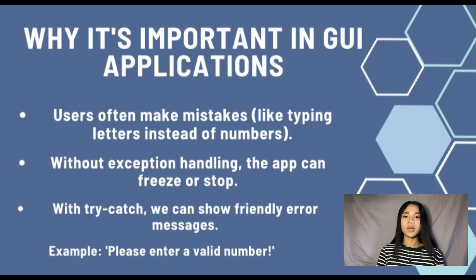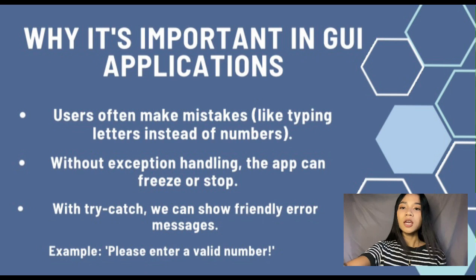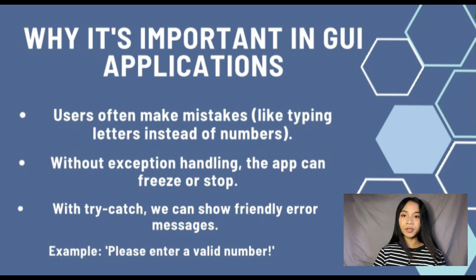With exception handling, we can use try-catch blocks to catch errors and show friendly messages to users. For example, if a user types a letter when we expect a number, the app can show the message, "Please enter a valid number." This makes the app easier to use and avoids crashes.